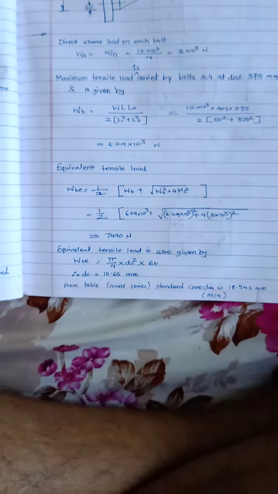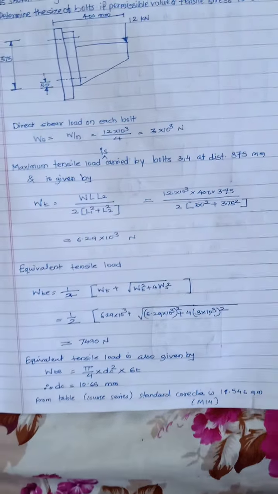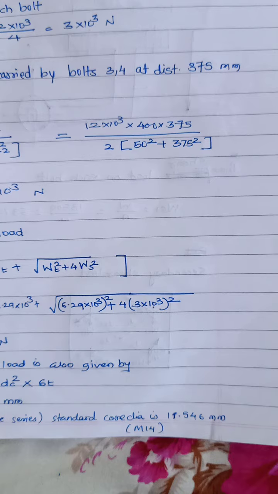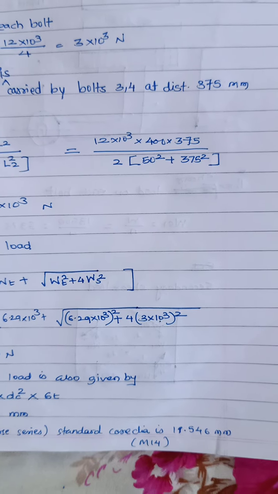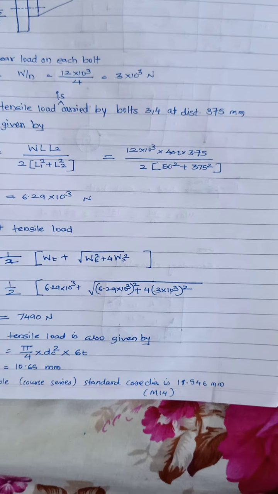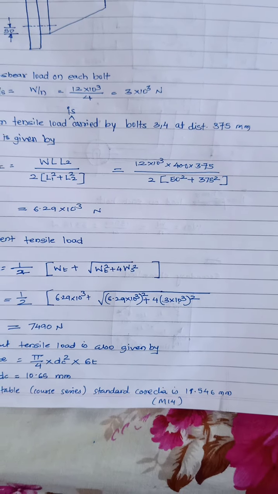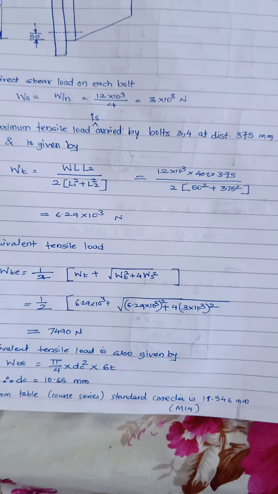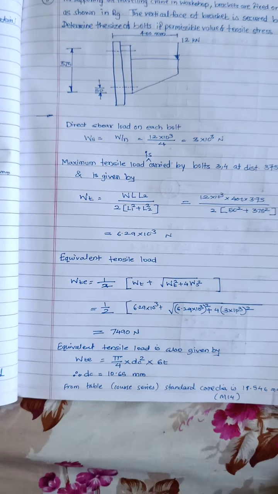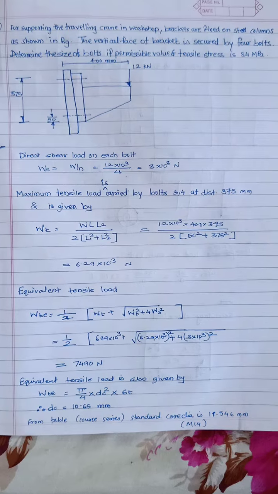If standard tables are provided, then the value is around 11.546 mm. So the core diameter you can select as 11.546, which is M14. I hope that you have understood this second case.